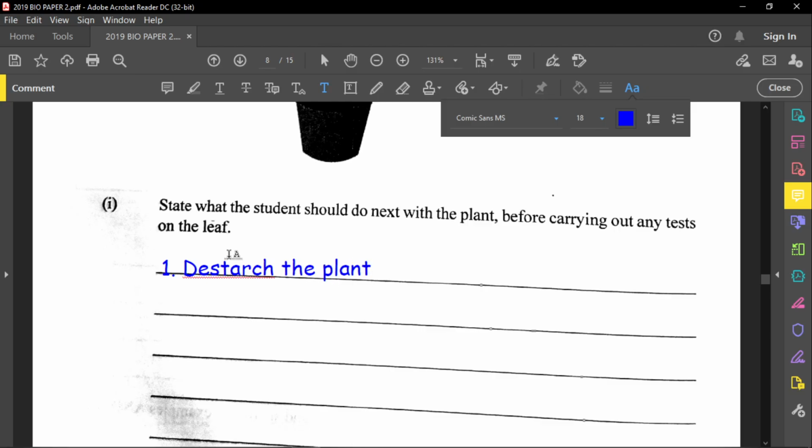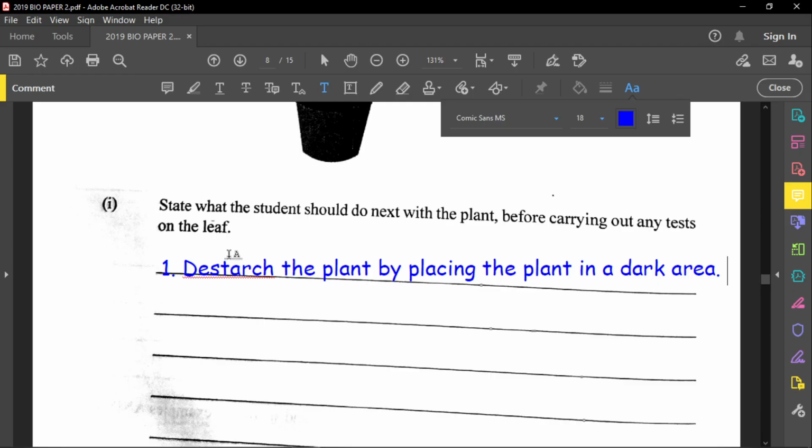That's the first thing. And how you de-starch a plant is you put it in a dark place. So de-starch a plant by placing the plant in a dark area. Now, why do you do this?